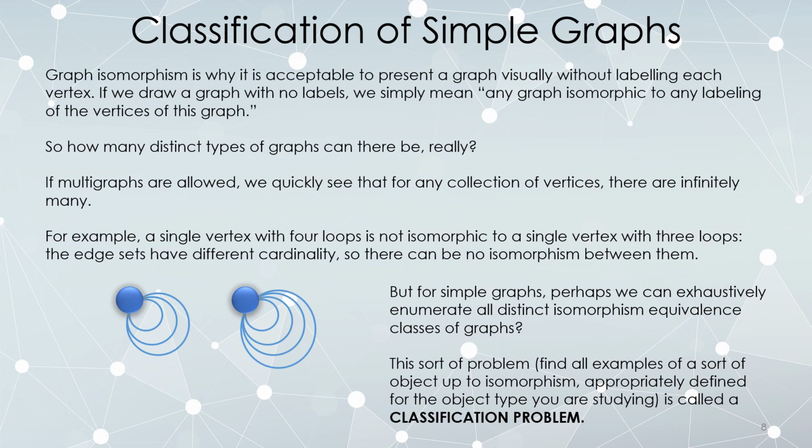That sort of problem, where you have something you've defined, in our case graphs, and then you define an isomorphism between objects in this collection that somehow says the important properties are what's preserved by this isomorphism, while the specific labeling isn't so important. And then you ask, how can I describe all possible different structures? That's called the classification problem. Can you classify or describe or list out all the different equivalence classes under isomorphism?